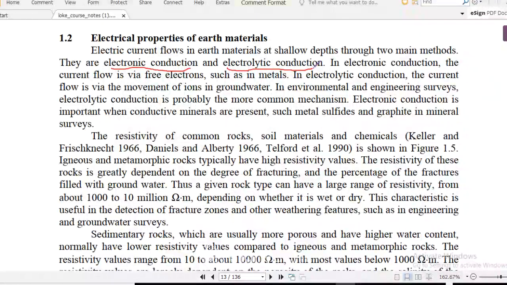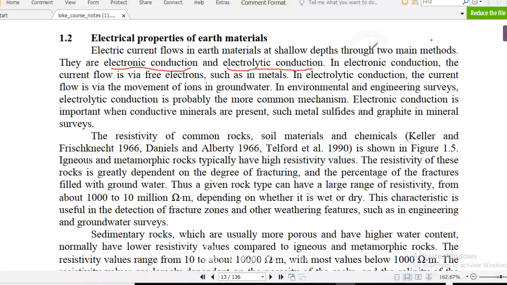Here we should understand that both are important for investigating subsurface layers, but mostly we use electrolytic conduction, especially when we are investigating groundwater and there are ions in the groundwater.